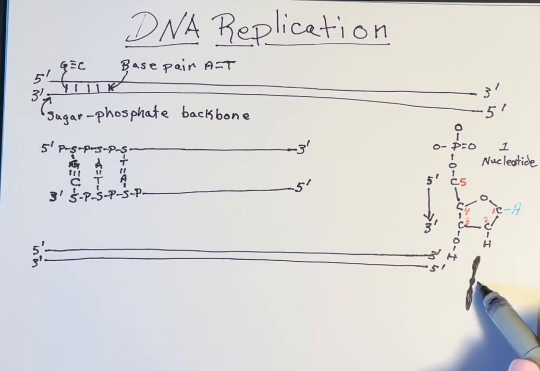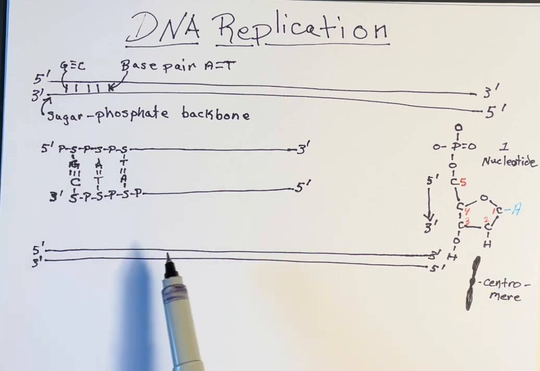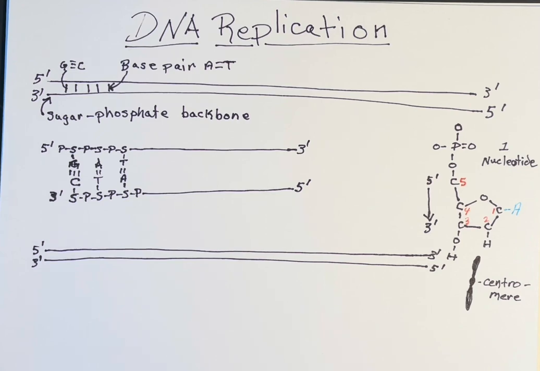This piece is known as a centromere. But this strand of DNA is uncoiled.